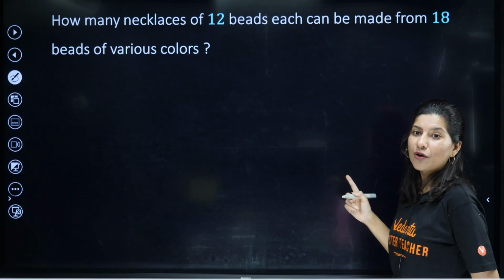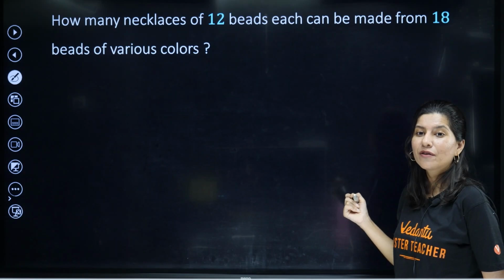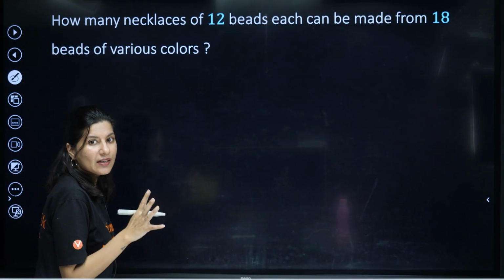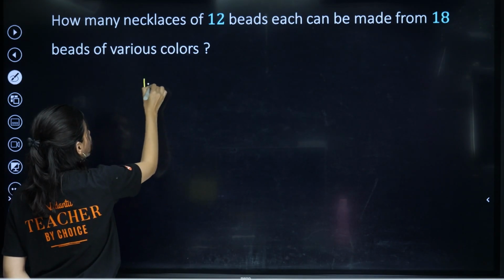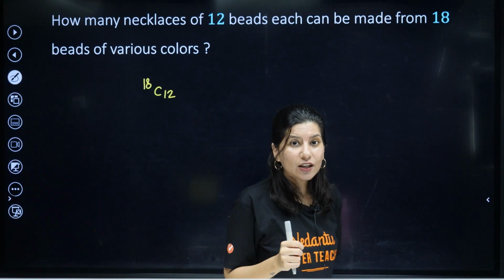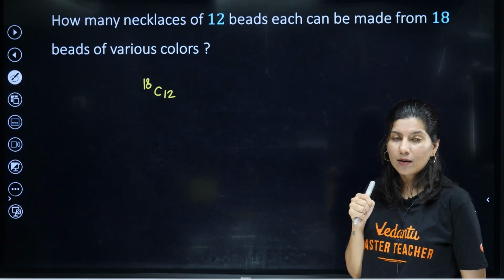How many necklaces of 12 beads each can be made from 18 beads of various colors? So 18 are available, but we want only 12. That means first of all selection will come into the picture. We will select 12 beads out of 18 beads.